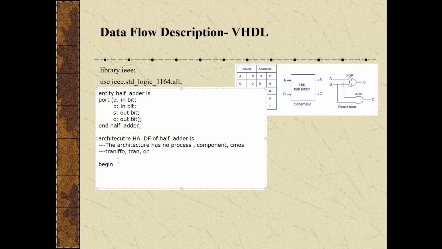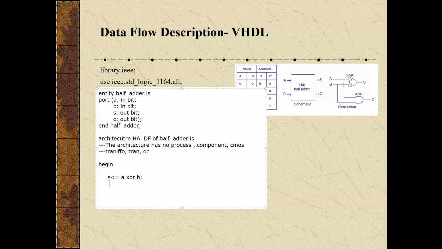Begin is a predefined command. Now what are our outputs here? We have two outputs here. One is sum. I am going to assign it like this: sum is the XOR operation of A and B, semicolon.